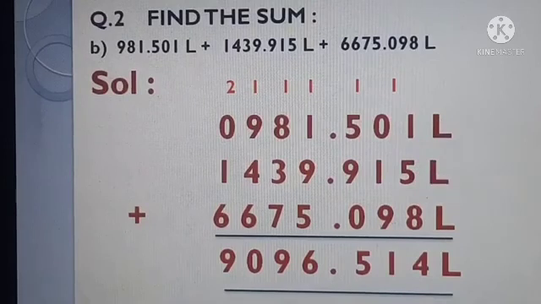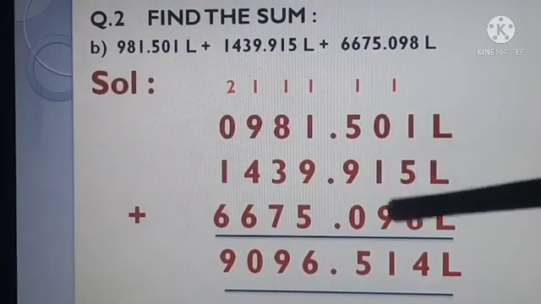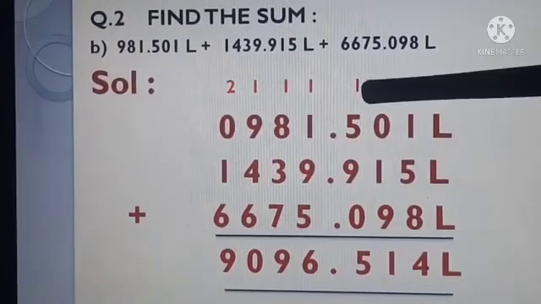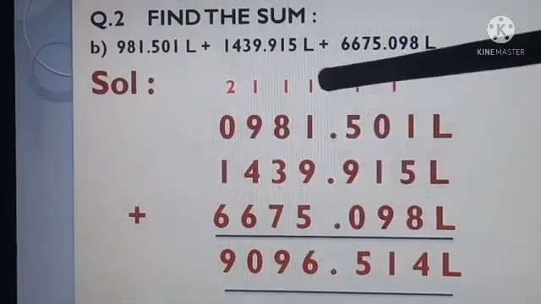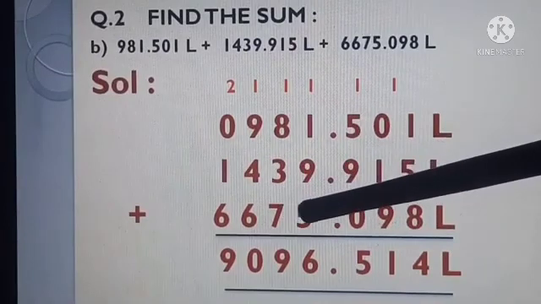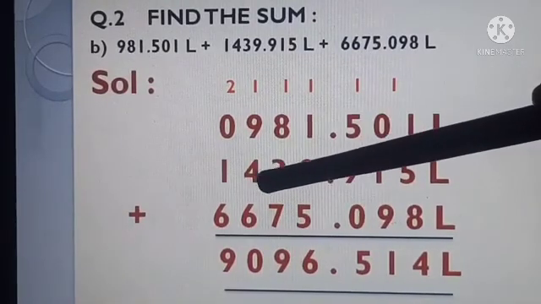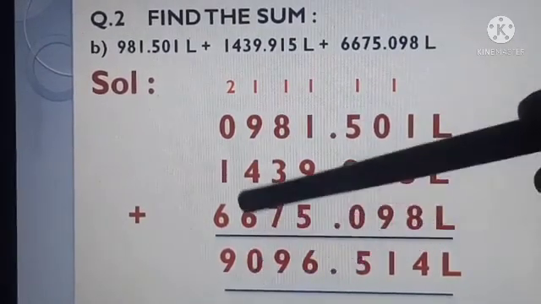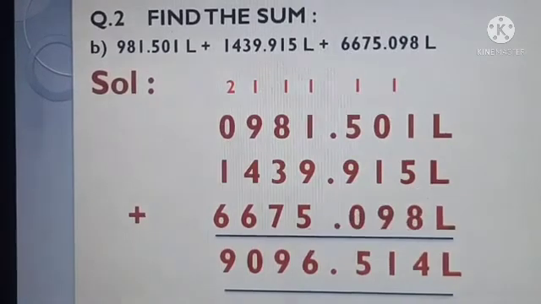1 plus 5, 6. 6 plus 8, 14. 4, 1 carry. 1 plus 9, 10. 10 plus 1, 11. 1, 1 carry. 9 plus 5, 14. 14 plus 1, 15. 5, 1 carry. 1 plus 9, 10. 10 plus 5, 15. 15 plus 1, 16. 6, 1 carry. 8 plus 3, 11. 11 plus 7, 18. 18 plus 1, 19. 9, 1 carry. 9 plus 4, 13. 13 plus 6, 19. 19 plus 1, 20. 2 will become carry and 0 will be written. 1 plus 6, 7. 7 plus 2, 9.